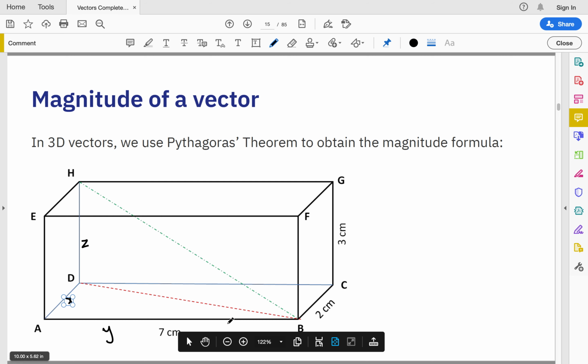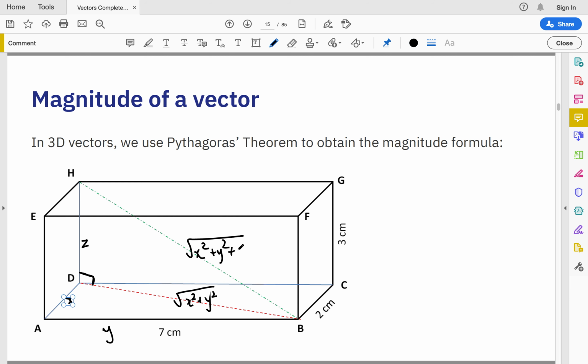And applying Pythagoras theorem on triangle ADB, we get that side length DB is equal to square root of x squared plus y squared. Now if we look at triangle DHB, we realize that HDB is actually a right angle as well. So if we use Pythagoras theorem on this again, we will be able to get that the length is square root of x squared plus y squared plus z squared.